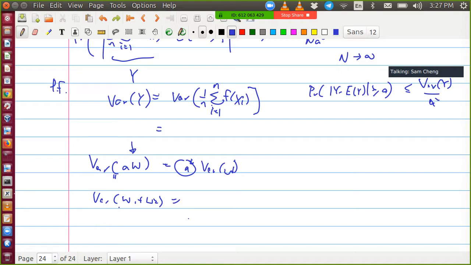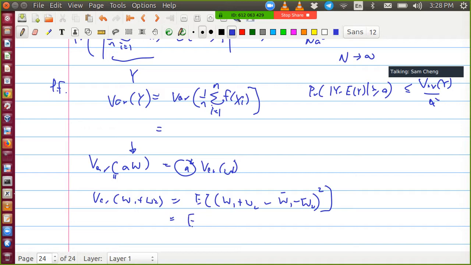Variance of w1 plus w2 is the expected value of w1 plus w2 minus mean w1 mean w2, squared.